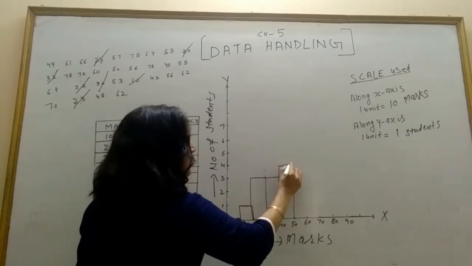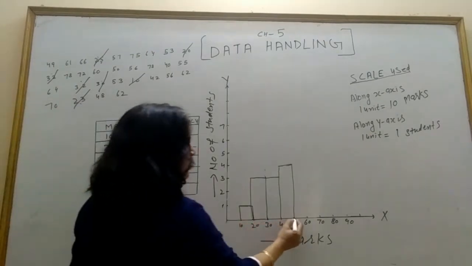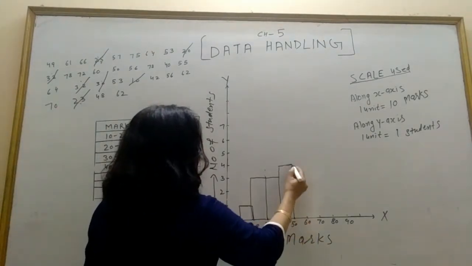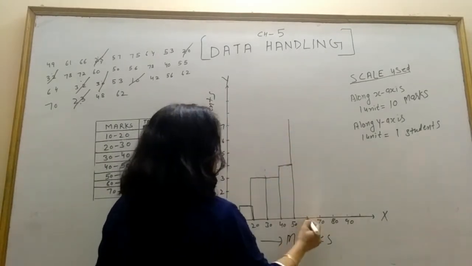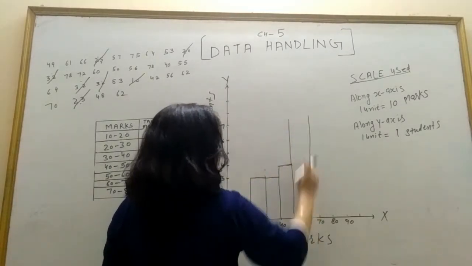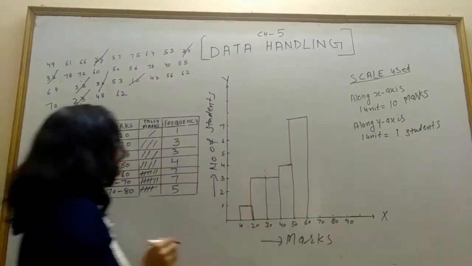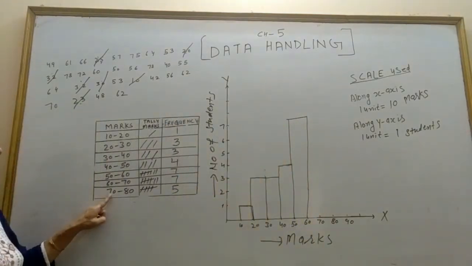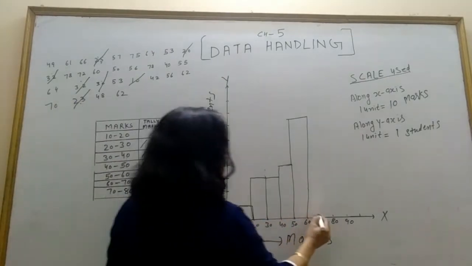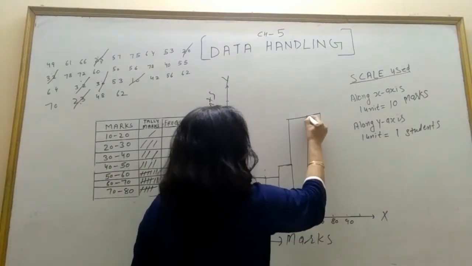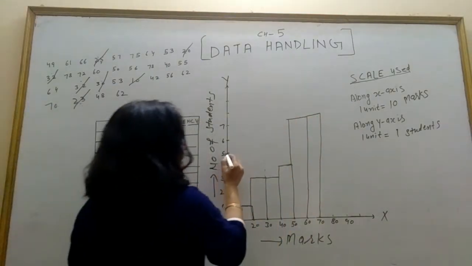And 50 to 60, 7 students here. Then 60 to 70, again 7 students. Then 70 to 80, 5 students.